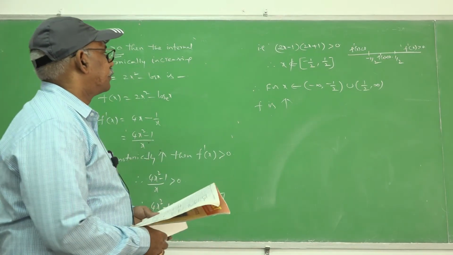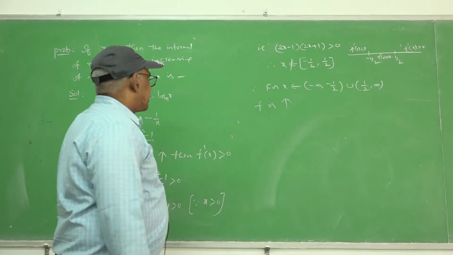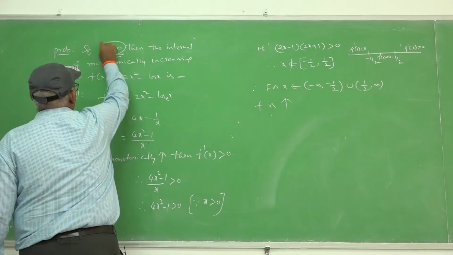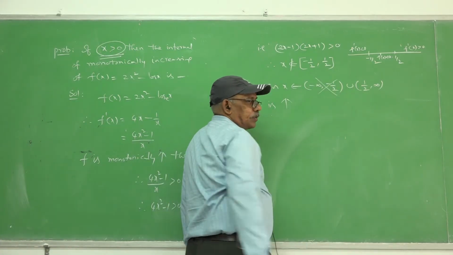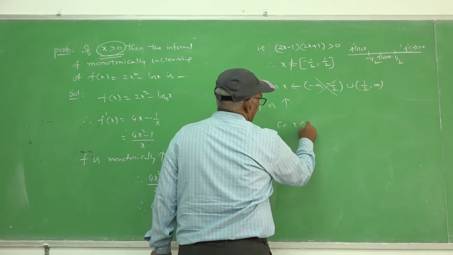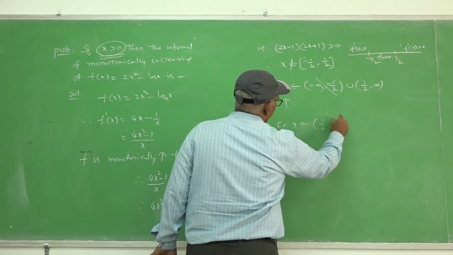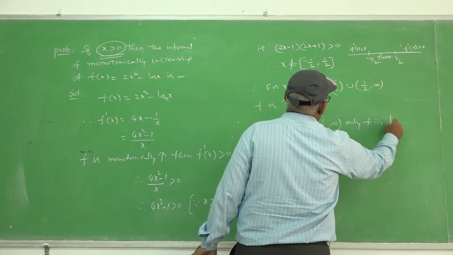But you cannot take x negative, because here given x is positive. You cannot take these values. Therefore, for x belongs to 1 by 2 to infinity only, f is increasing.